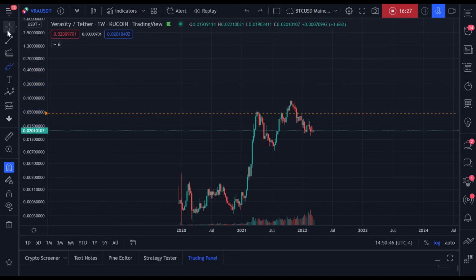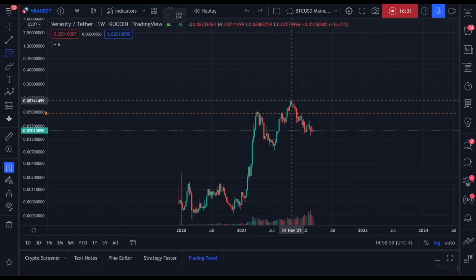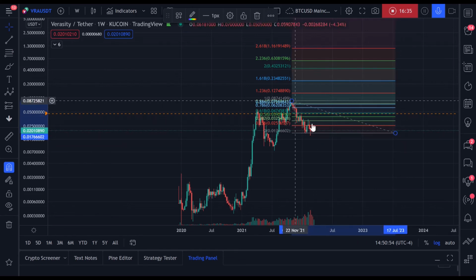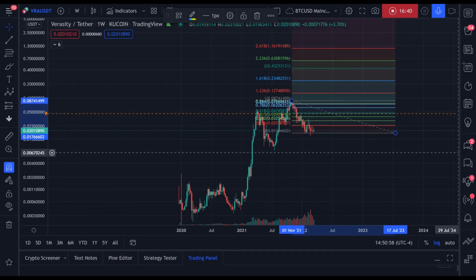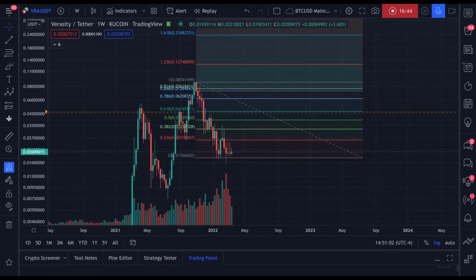If you're going to trade this on the medium term, you take your Fibonacci retracement of this downwards move and you target the 618 because you're likely going to get a rejection there, okay? A significant rejection there. So that would be a good place to take profit.